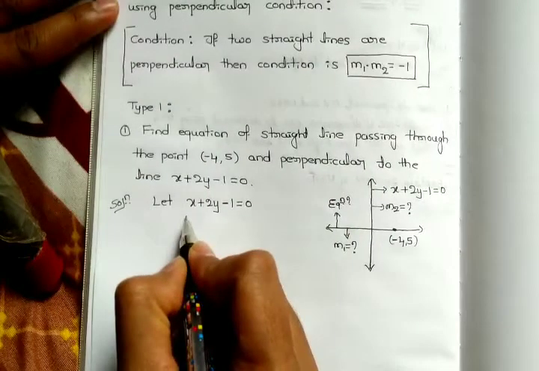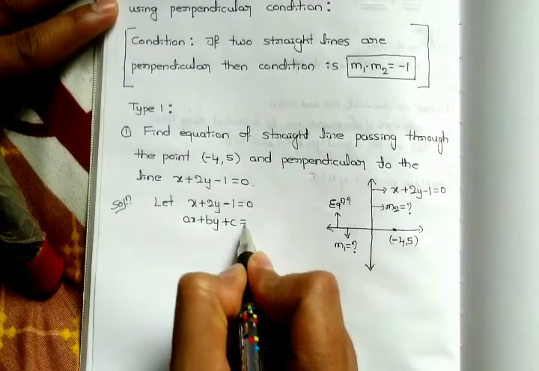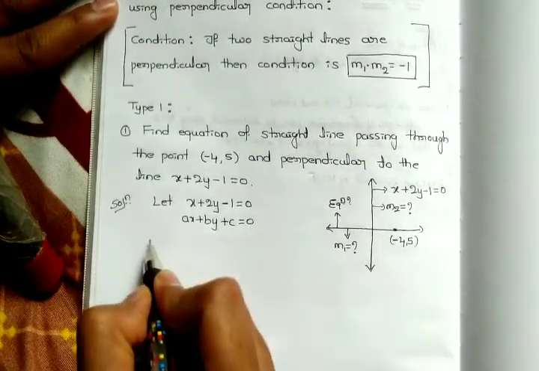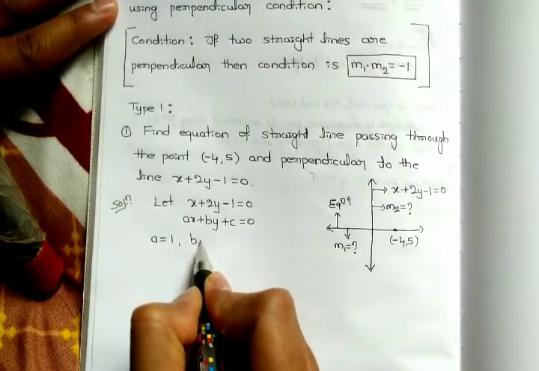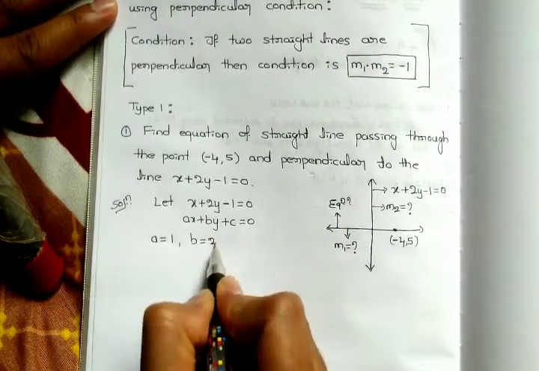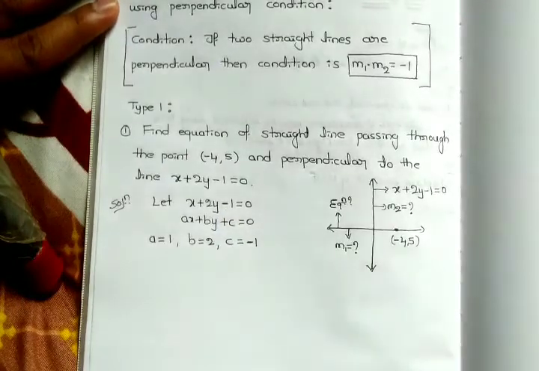It is of the form ax + by + c = 0. Here the a value is the x coefficient, 1, the b value is the y coefficient, 2, and the c value, including the negative sign, is -1.